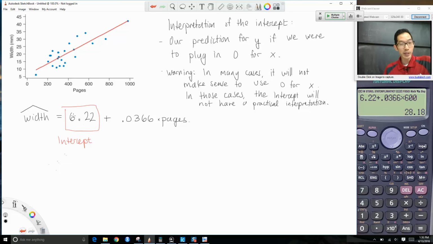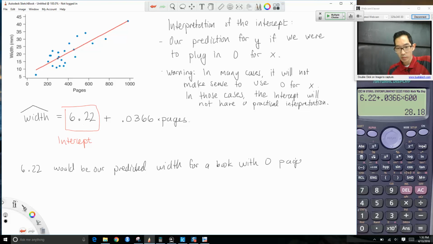All right, so the practical interpretation in this case would be the width of a book that has 0 pages, right? So 6.22 would be our predicted width with 0 pages.